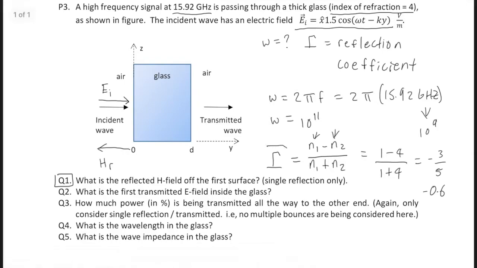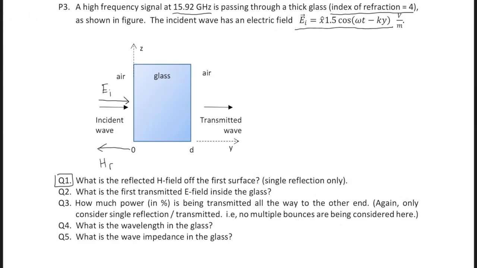So we already have our reflection coefficient. We have our omega. So we want to find the H field reflected. To make this problem easier on ourselves, we can find E reflected first. Let me just write this off to the side. Our omega is equal to 10 to the 11.